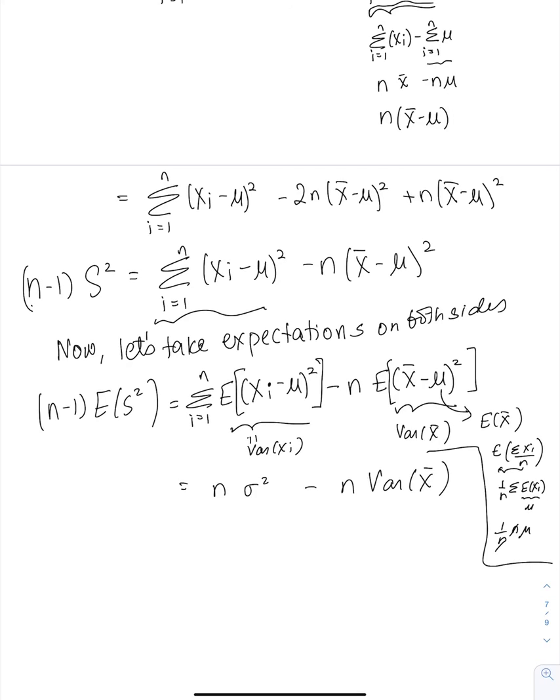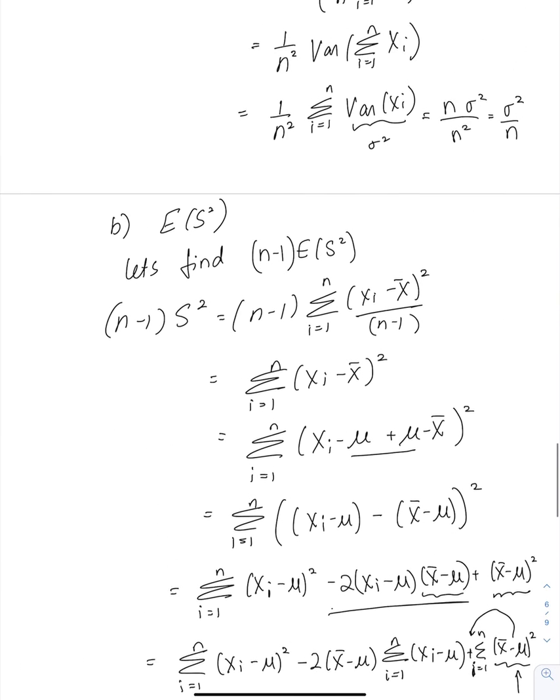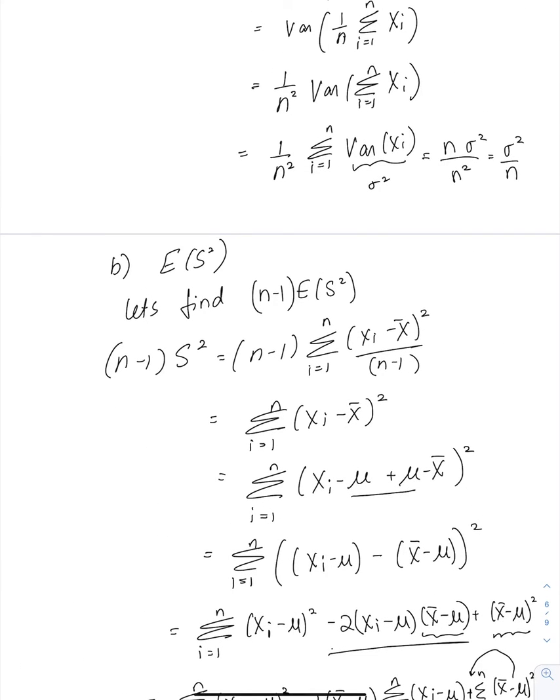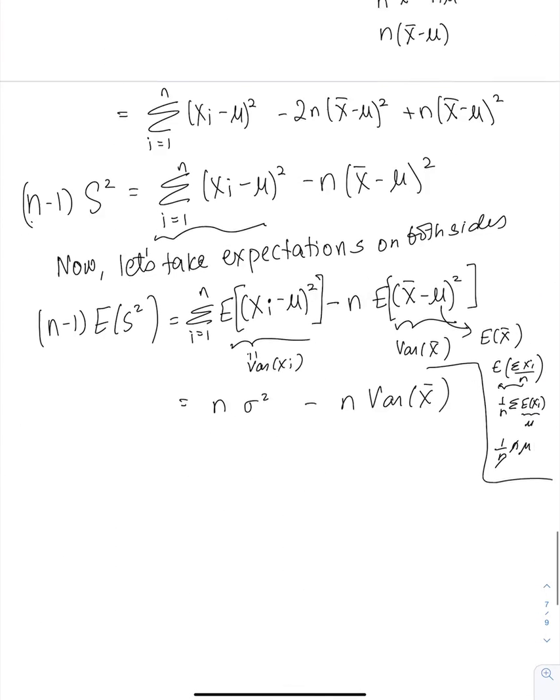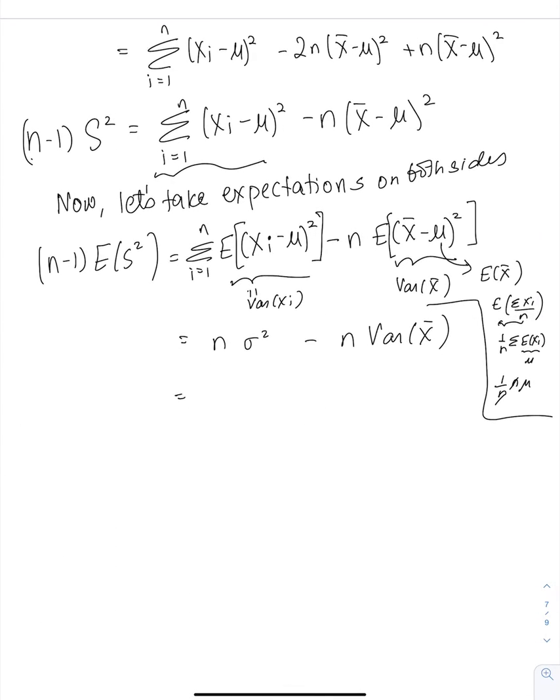Okay, so now you have n sigma squared minus n times the variance of x bar. We just calculated what the variance of x bar is, and that was sigma squared over n. So let's plug that in here. And what does this turn out to be? This turns out to be n minus 1 times sigma squared.